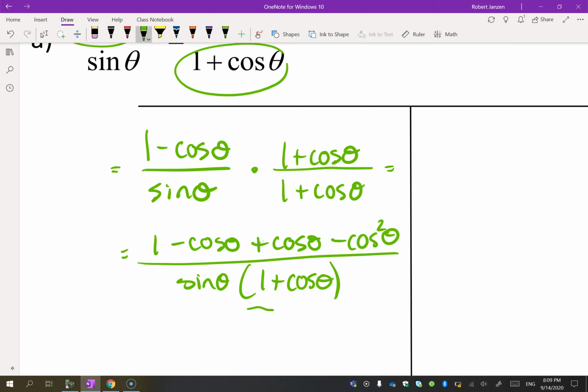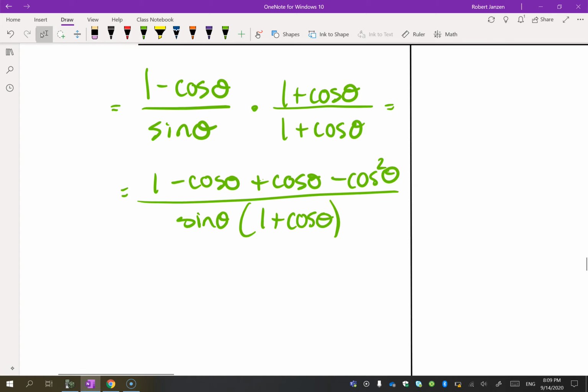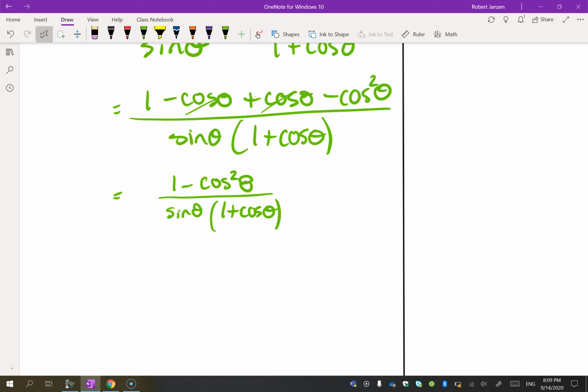Well, I see that I want this in my final term, so I don't want to lose it, so I'm going to leave it there. Okay, so looking at the numerator, this cancels and I have 1 minus cos squared over sine times 1 plus cos. Sorry, not cos squared, just cos.